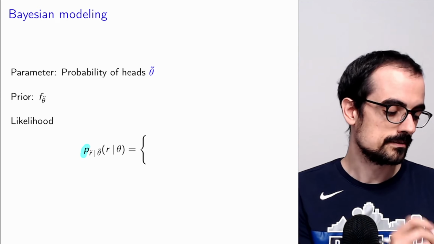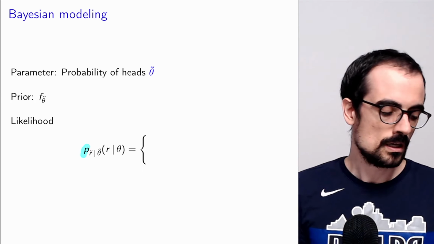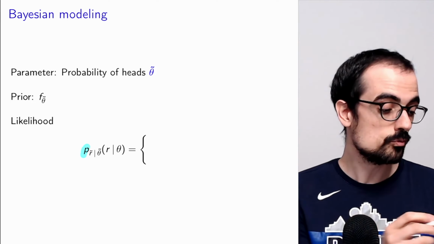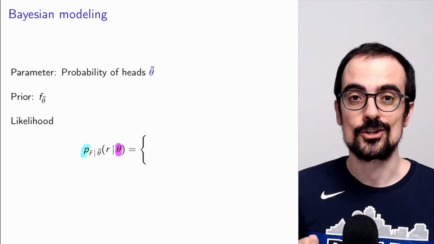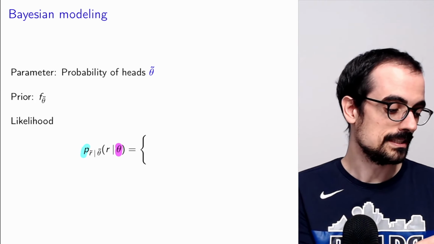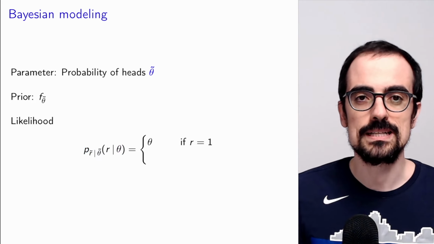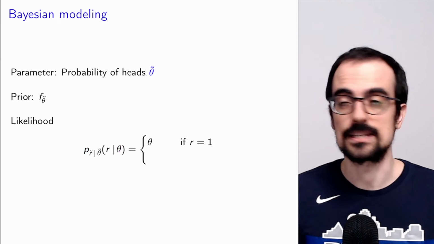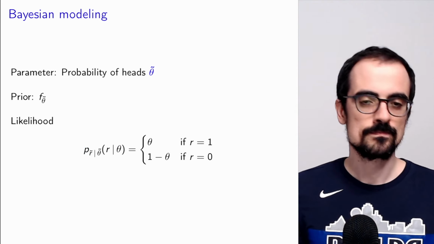We're calling the data R here, which is the result of the coin flip. What is the probability that R is equal to 1 if we fix the parameter of the coin? Well, the probability that R is equal to 1 is theta. What is the probability that R is equal to 0, that the coin flip is tails? If we fix theta, it's 1 minus theta.